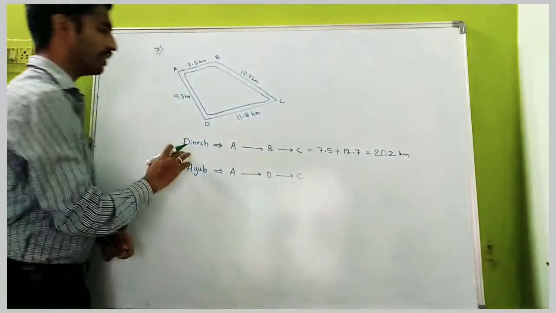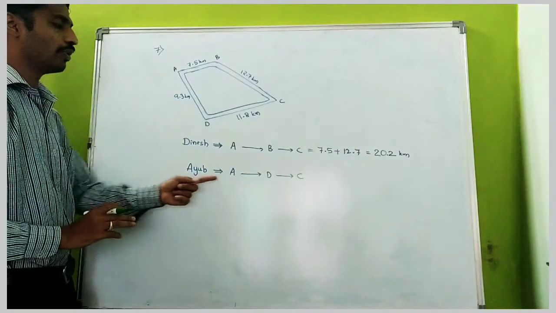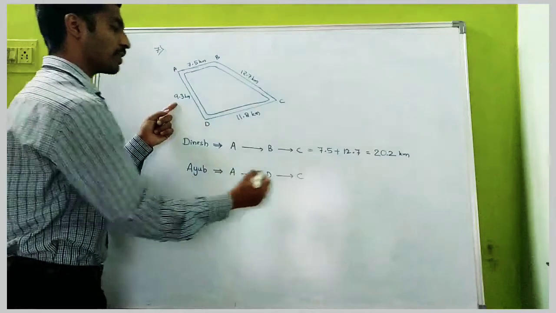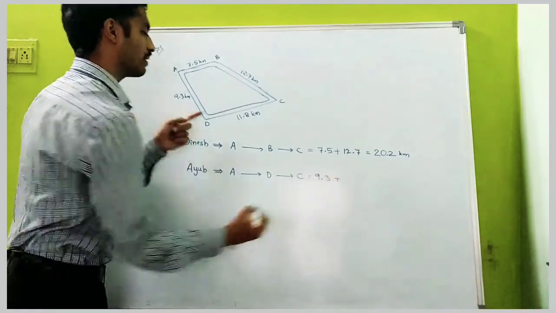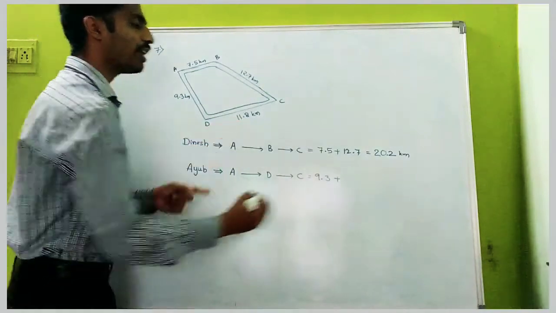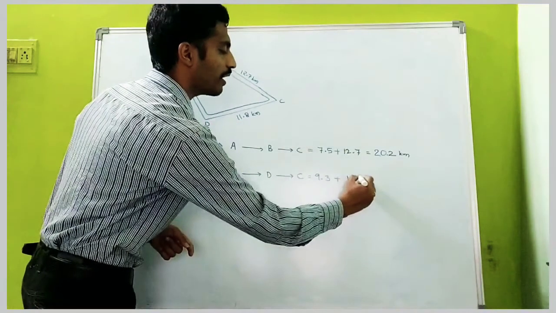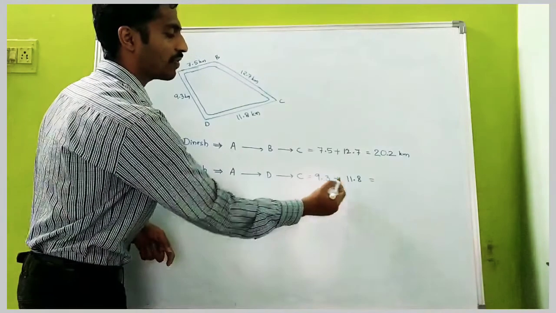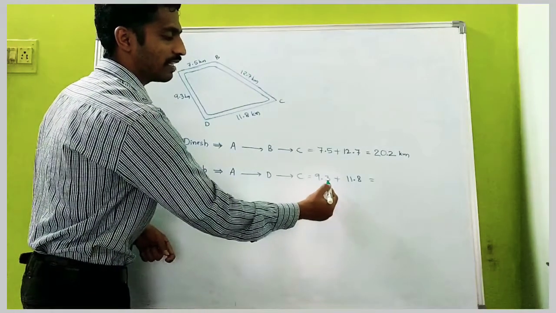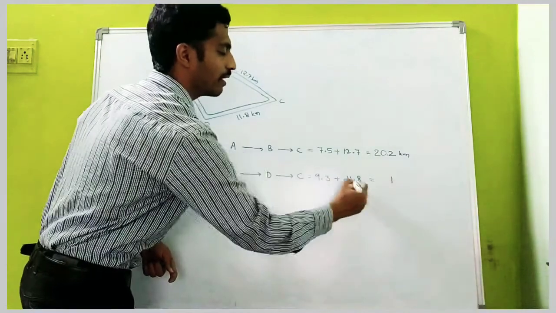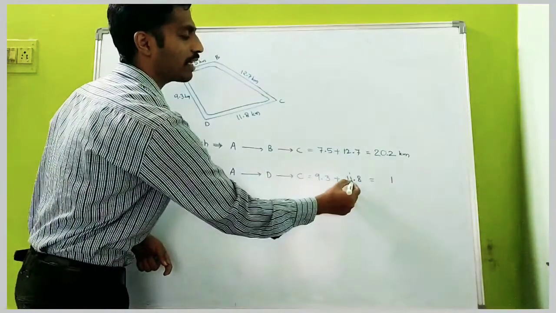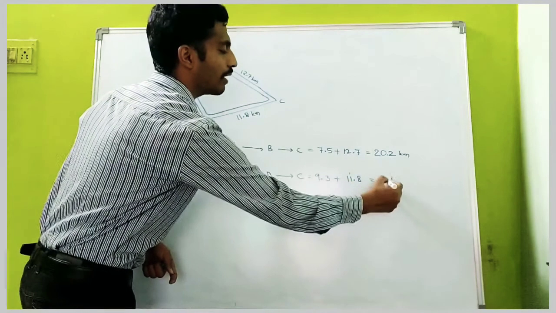Dinesh traveled 20.2. Now Ayub, first one is 9.3 plus again D to C 11.8. Okay, first after the point tenths place 3 is there, here 8 is there, add them. 3 plus 8, 11, carry 1. 9 plus 1, 10, 10 plus carry 1, 11.